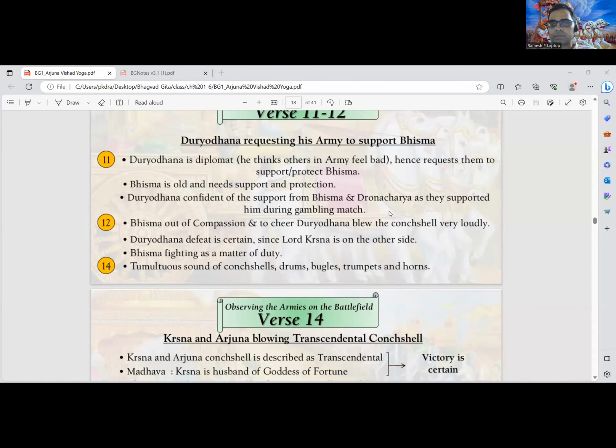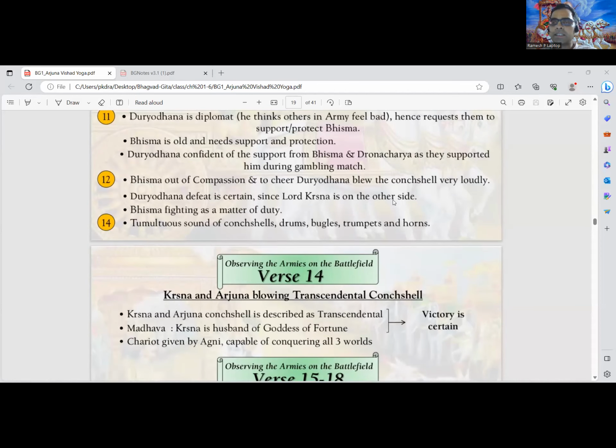On the war side, if one party starts this, the opponent also has to cheer up their own army. So once the conch shells were blown from the Kaurava side, the Pandavas took up and started blowing their transcendental conch shells.